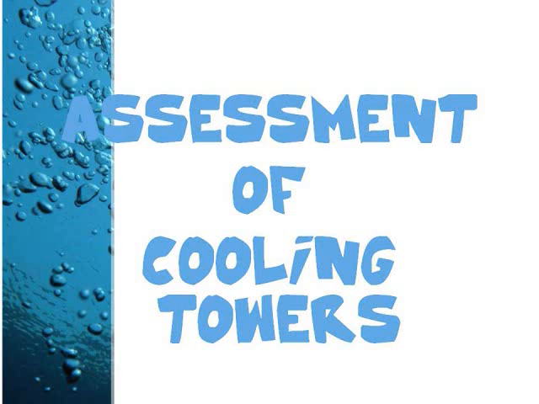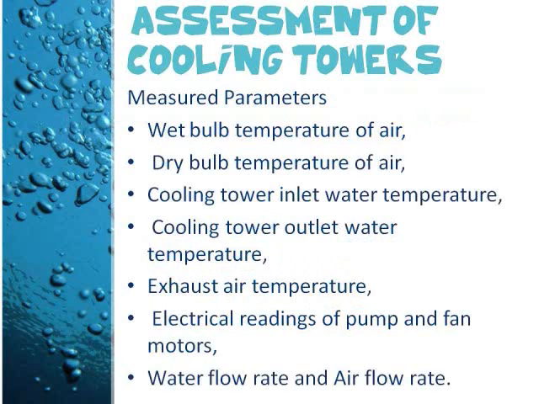The performance of cooling towers is evaluated to assess present levels of approach and range against their design values, identify areas of energy wastage, and suggest improvements. The measured parameters include wet bulb temperature of air, dry bulb temperature of air, cooling tower inlet water temperature, cooling tower outlet water temperature, exhaust air temperature, electrical readings of pump and fan motors, water flow rate, and air flow rate.